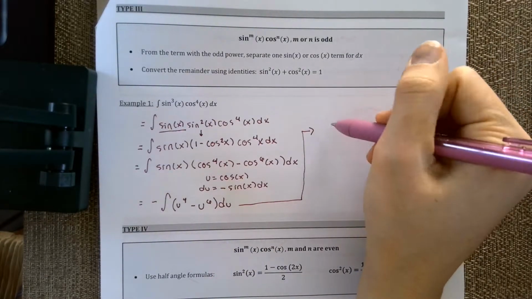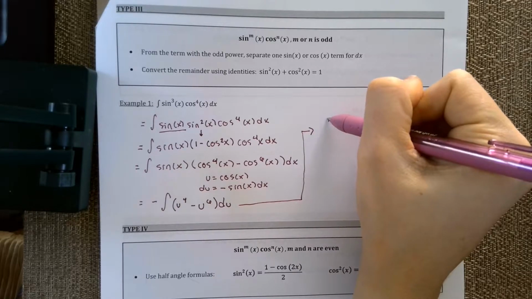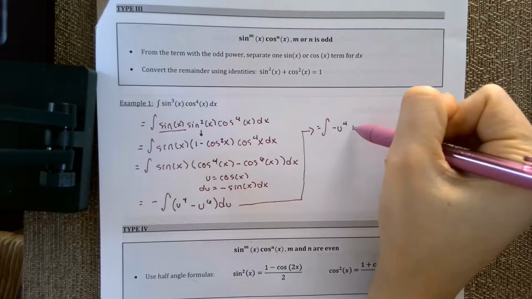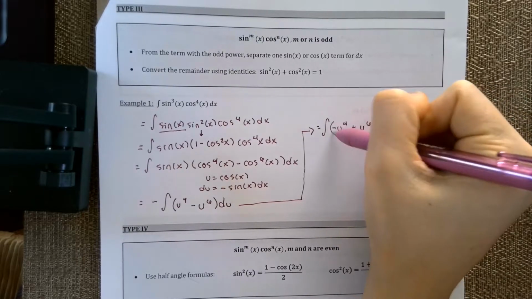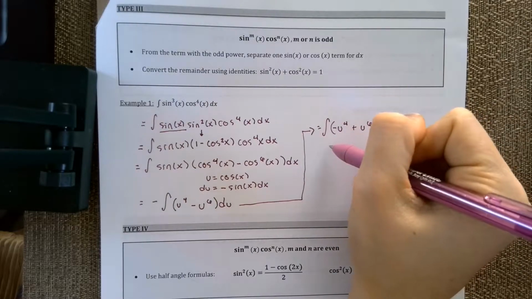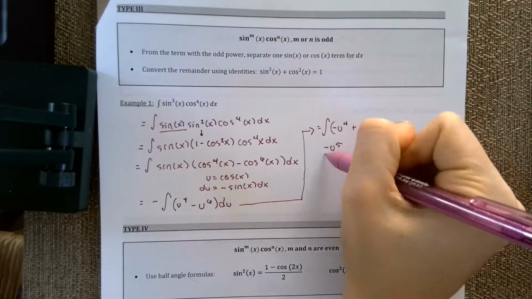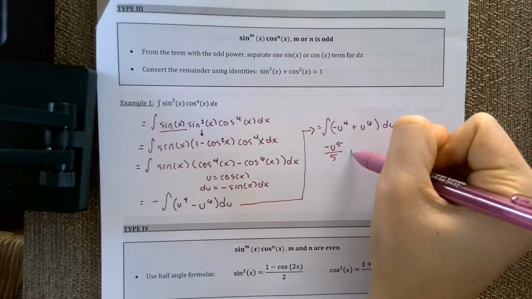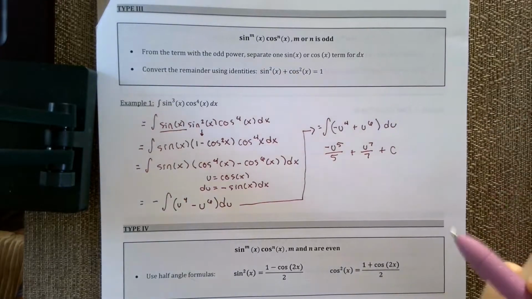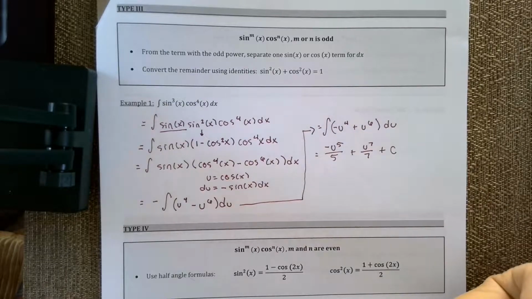I'll go ahead and distribute the negative, so I'll have the integral of negative u to the 4th plus u to the 6th du. And when I integrate that, I will get negative u to the 5th over 5 plus u to the 7th over 7 plus C. Don't forget plus C, it is an indefinite integral.